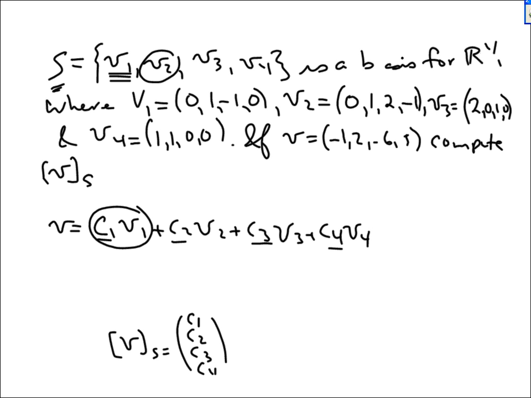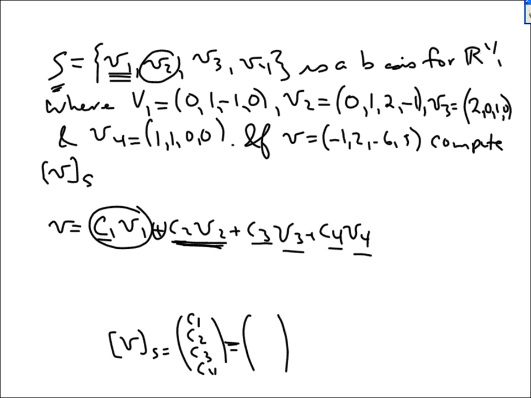And then since V2 is second, I better be adding on the scalar times V2 next. And V3 is third, and V4 is last. So I'm not saying we're done. We need to actually find C1, C2, C3, and C4.